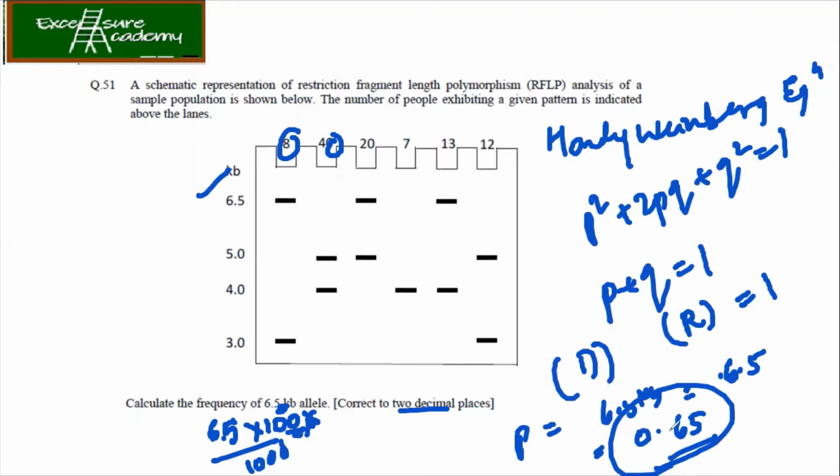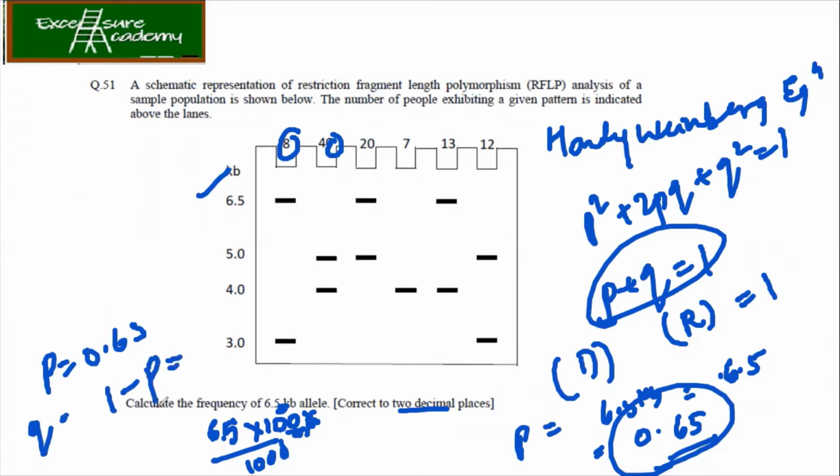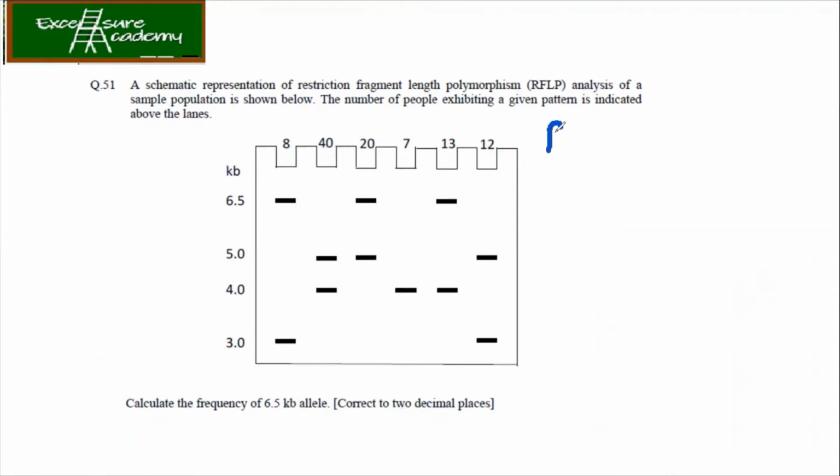So we are getting 0.65. Now when p is equal to 0.65, using the formula p plus q equals 1, we know that q is equal to 1 minus p, that is 1 minus 0.65, which is going to give you 0.35. Now we have p equal to 0.65 and q equal to 0.35.